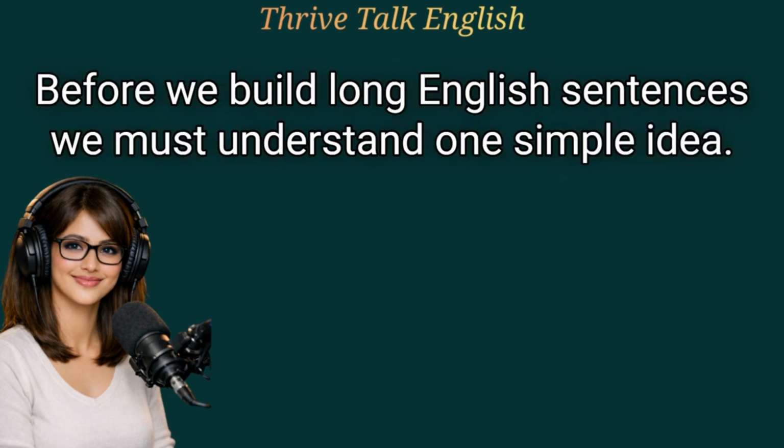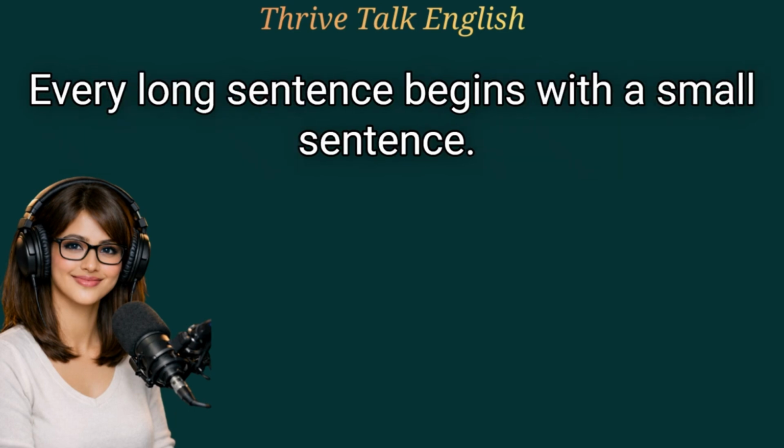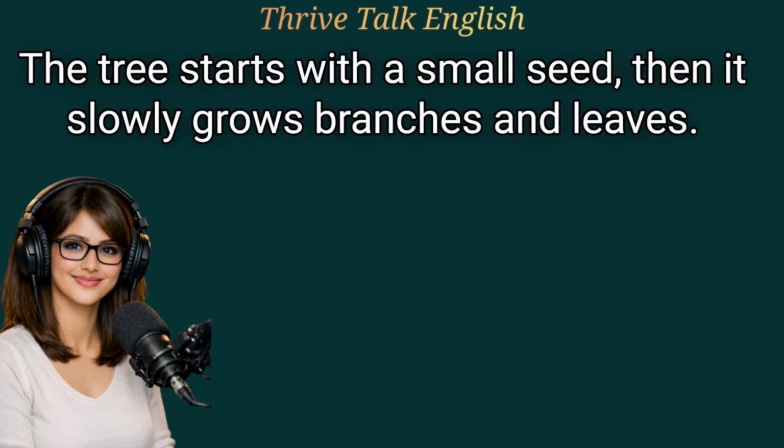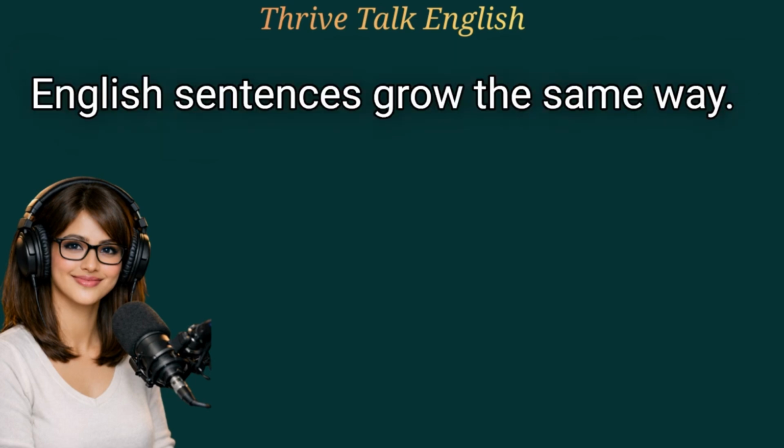Before we build long English sentences, we must understand one simple idea. Every long sentence begins with a very small sentence. Think of it like building a tree. The tree starts with a small seed, then it slowly grows branches and leaves.